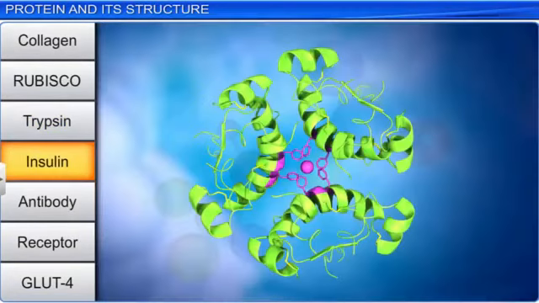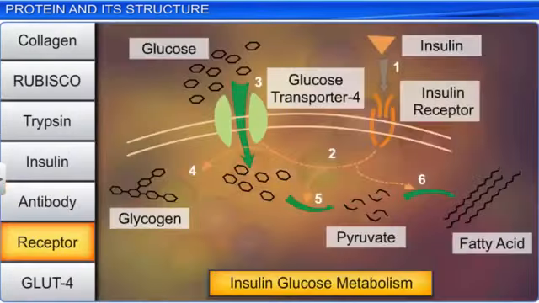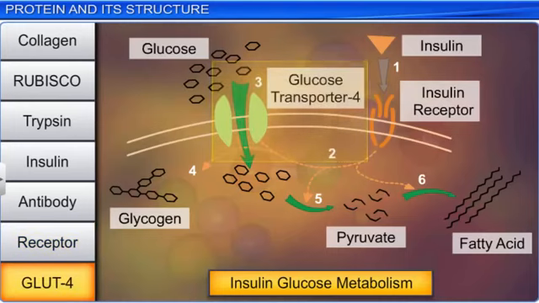Another protein called antibody helps fight infections. Receptor, another protein, helps in sensory reception, while glucose transporter 4 or GLUT4 helps in transporting glucose to the cells.